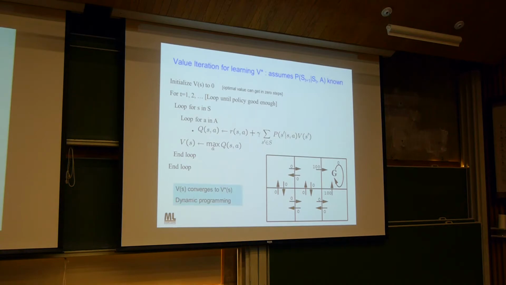So here I'm only giving you an algorithm to compute the V values. And I claim that if we manage to compute these optimal values, and if we know everything else, the transition probability and the reward function, we can compute the optimal policy too. Do you see how?